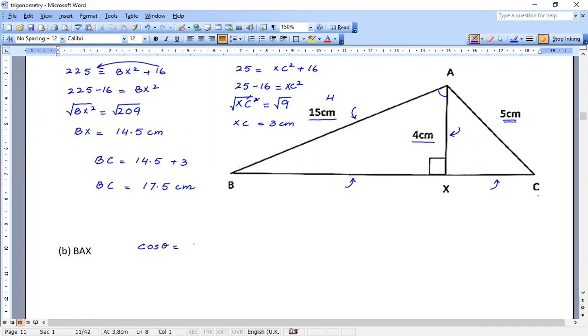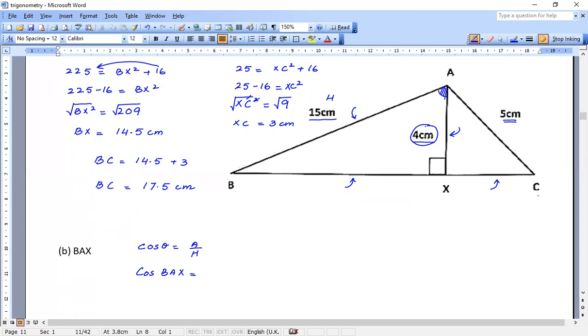Cos theta is equal to adjacent upon hypotenuse. The angle that we are trying to find out is BAX. So I'll say cos BAX equals adjacent, according to this angle, which is going to be 4. Do remember that adjacent is the shorter side adjacent to the angle under consideration.